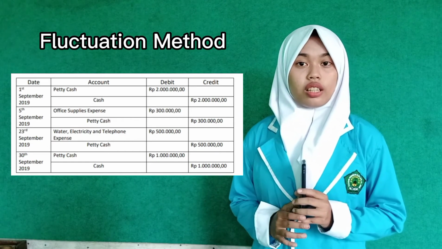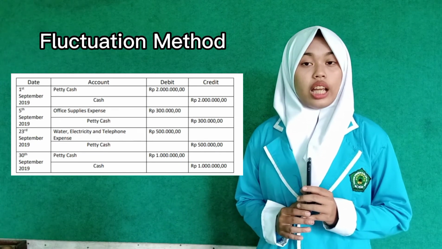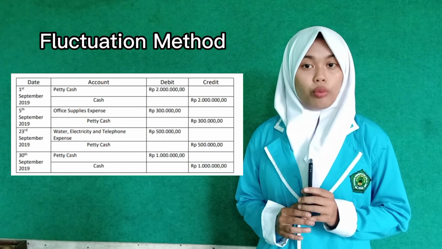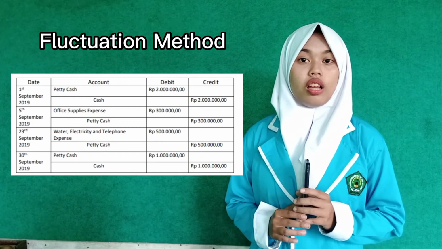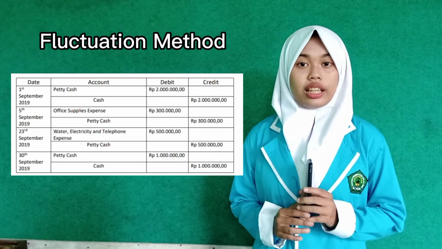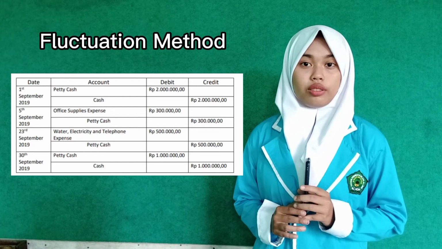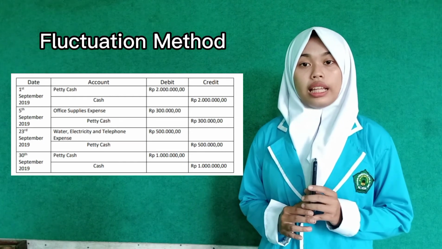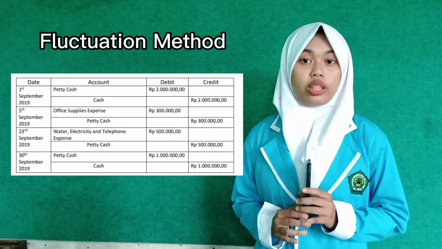The same for the transaction on the 23rd of September: it will be recorded by debiting the electricity, water, and telephone expense account of 500,000 rupiah and crediting the petty cash account of 500,000 rupiah. So that later, the petty cash balance will decrease.